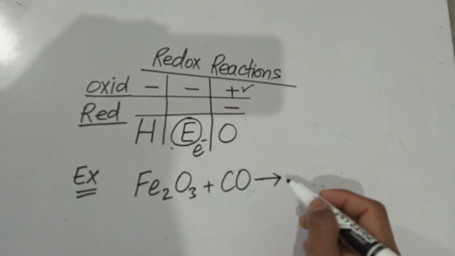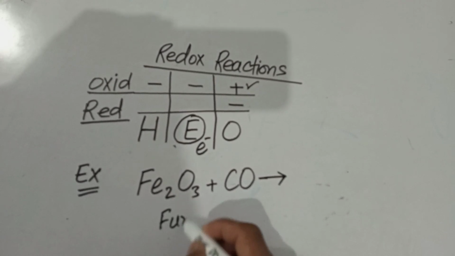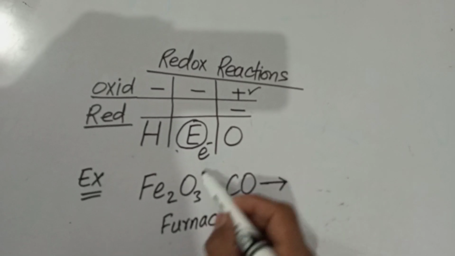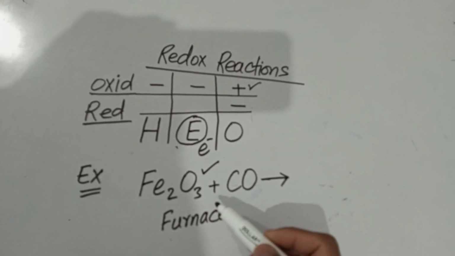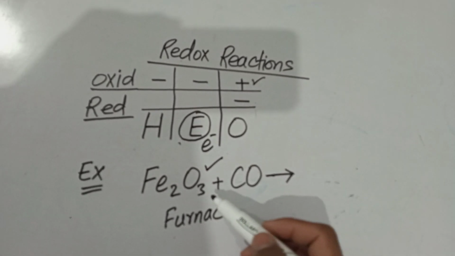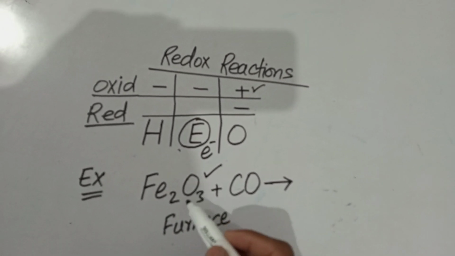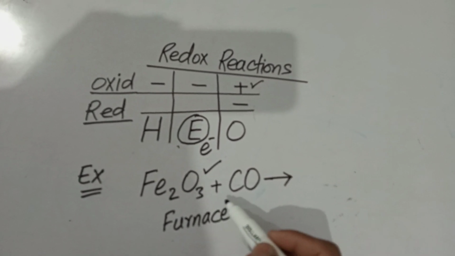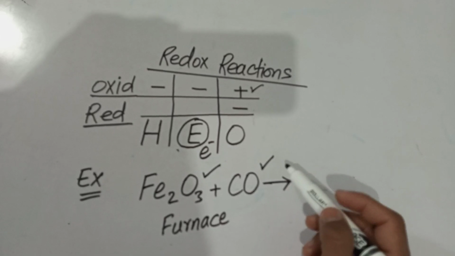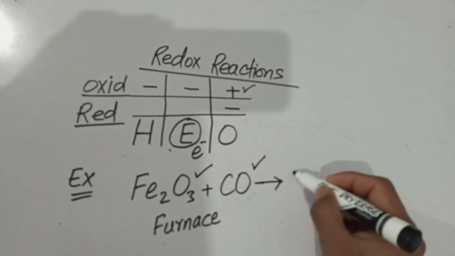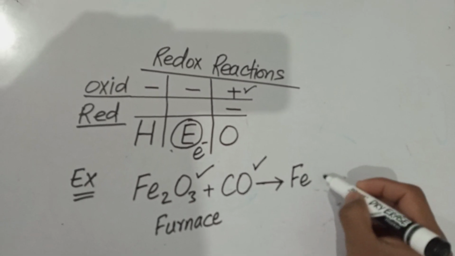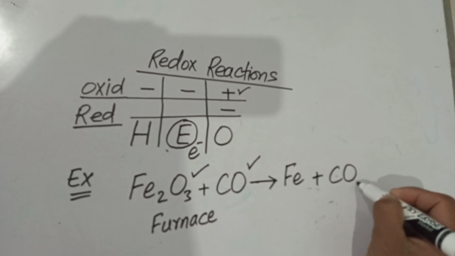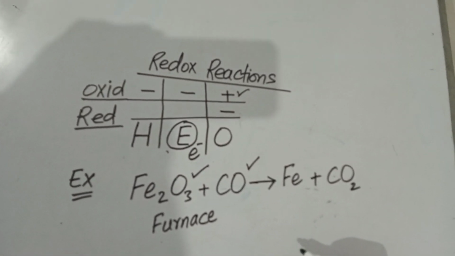This reaction takes place in a furnace when purification is needed for iron oxide. When you are trying to purify iron oxide, which is obtained from iron ore, it is heated in the furnace with carbon monoxide. As a result of this reaction, iron is obtained with the gas carbon dioxide.